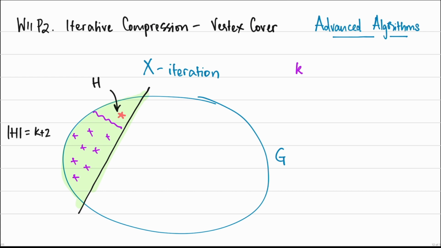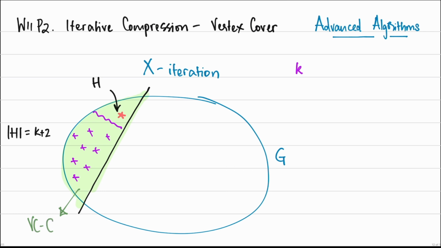That's just by definition vacuously an independent set, and the rest of it is a vertex cover of size k plus 1. Now this whole thing we can feed to the compression routine. So we send H and this trivial k plus 1 size solution to the vertex cover compression algorithm.